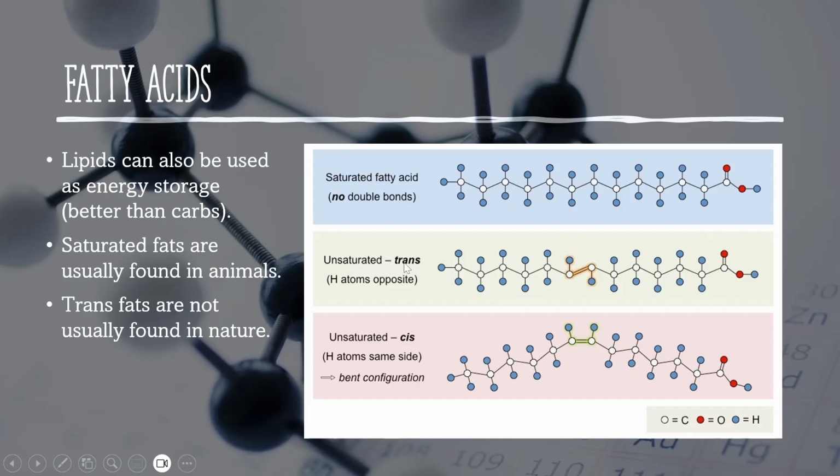Unsaturated trans fatty acids are your more synthetic fats. If any of you have heard of health concerns over unsaturated trans fatty acids, this is the reason why. It's this right here. It's not as good as saturated fatty acids in terms of storage, but if you put these on top of each other, they're able to store pretty well too.